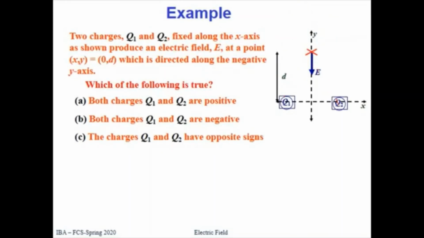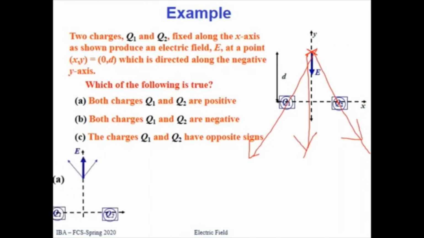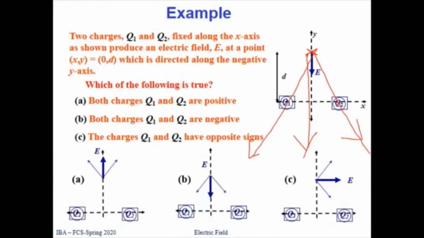In the second case, if both have a negative charge, then the line of force is toward them, and the net field of both would be somewhere in this direction. So the correct answer must be B. So this is our correct answer.